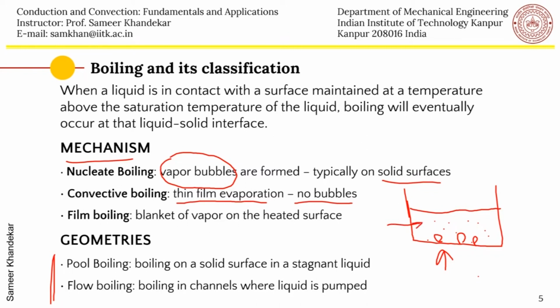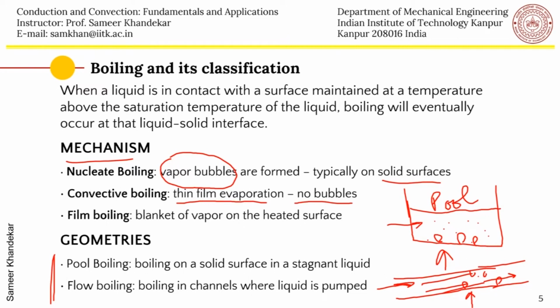Now in flow boiling, there is usually a channel in which a pump is pumping some liquid, and as the heat comes in, bubbles are getting formed and they are getting convected inside this tube. So this is called the flow boiling phenomenon. We will be focusing mostly on pool boiling in this lecture series as we go ahead.